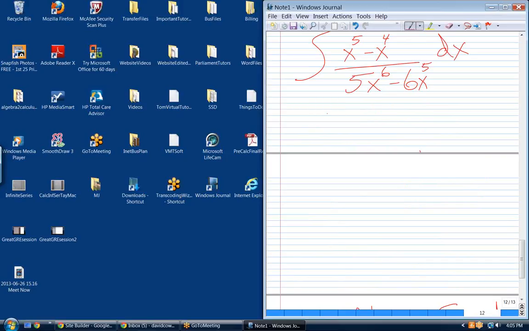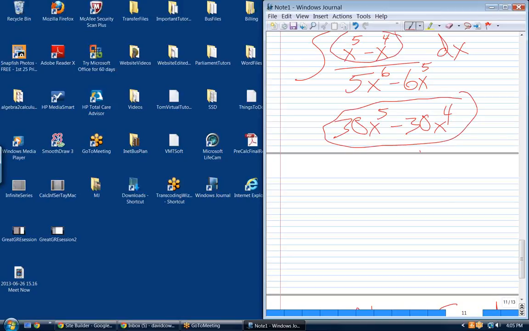Notice what the derivative of the bottom is. Notice that that is in the top, minus the 30, but it's easy to handle numbers.